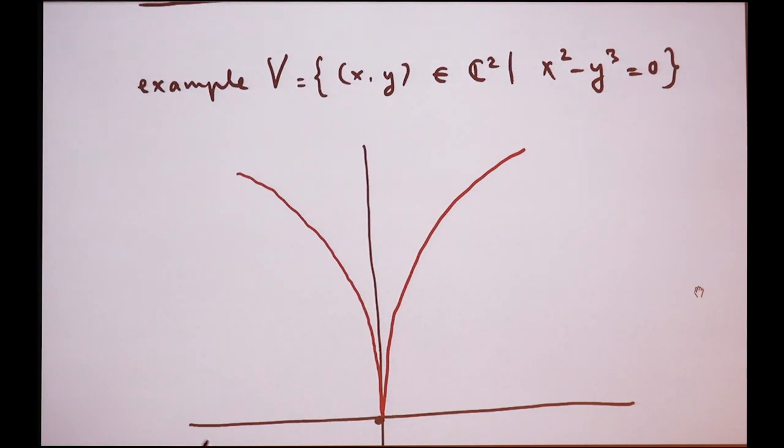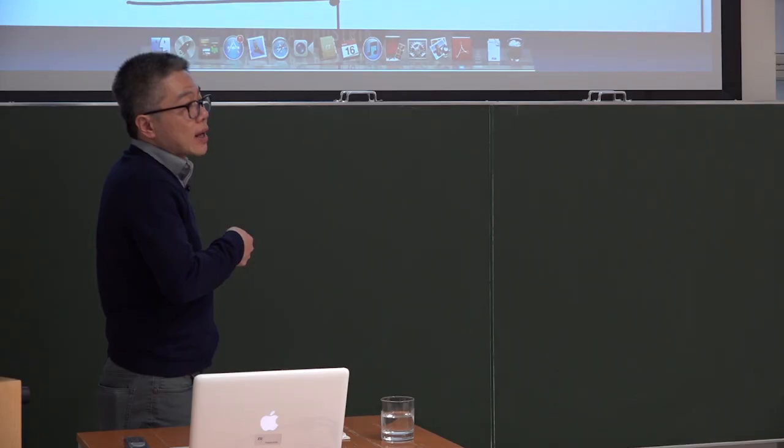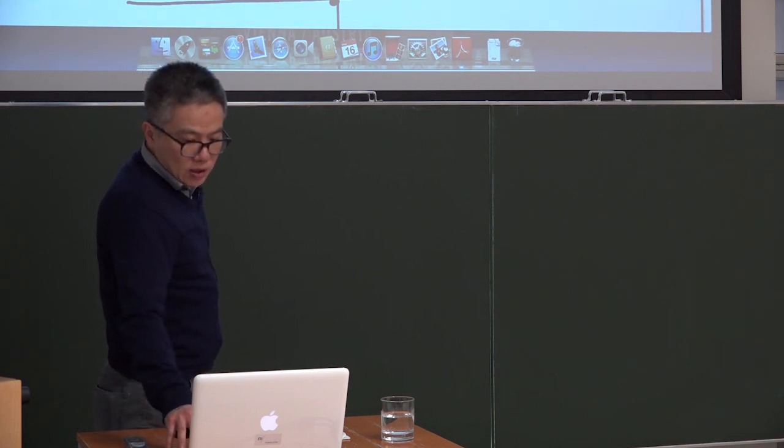It's smooth because when you look at any other point, locally it looks like a line. Whereas this point doesn't look like a line, so this is the singular point.